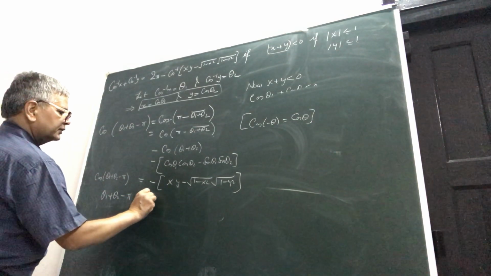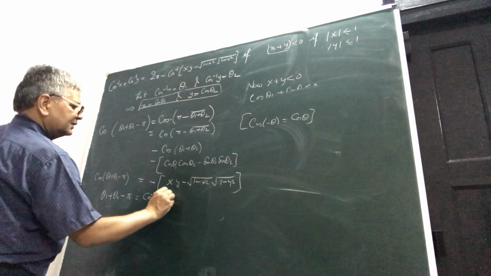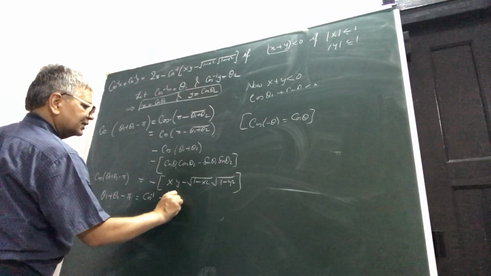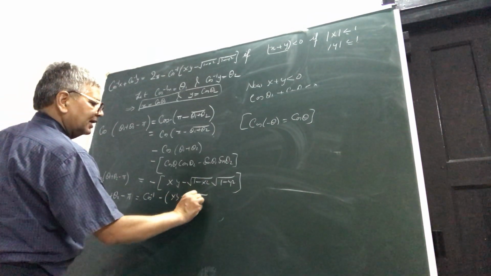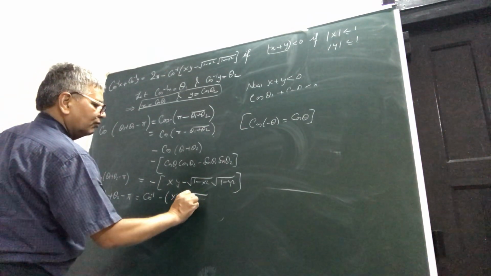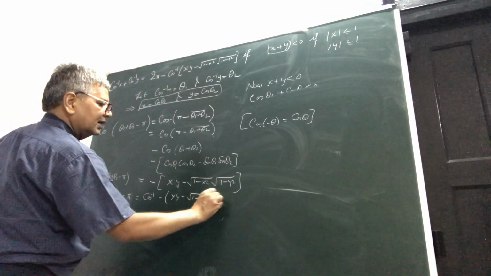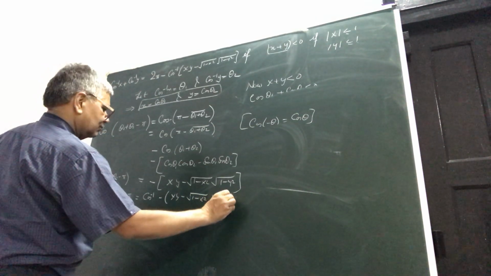Cos inverse of minus this whole thing, xy minus under root 1 minus x square, under root 1 minus y square.